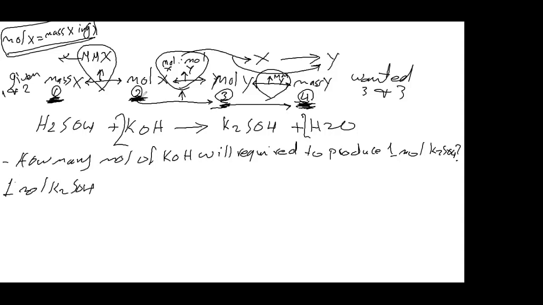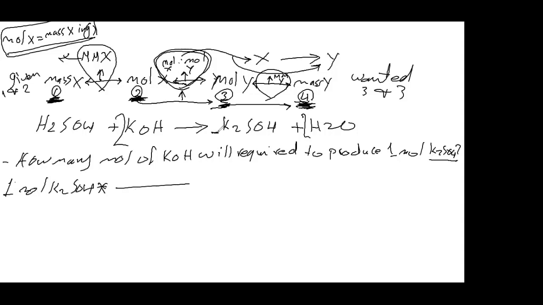I will go from 2 to 3. How you will go from step 2 to step 3? By using the mole-to-mole ratio between X and Y, which is here KOH and K2SO4. Which one will go to the top? Which one will go to the bottom? K2SO4 will go to the bottom. How many mole of K2SO4?